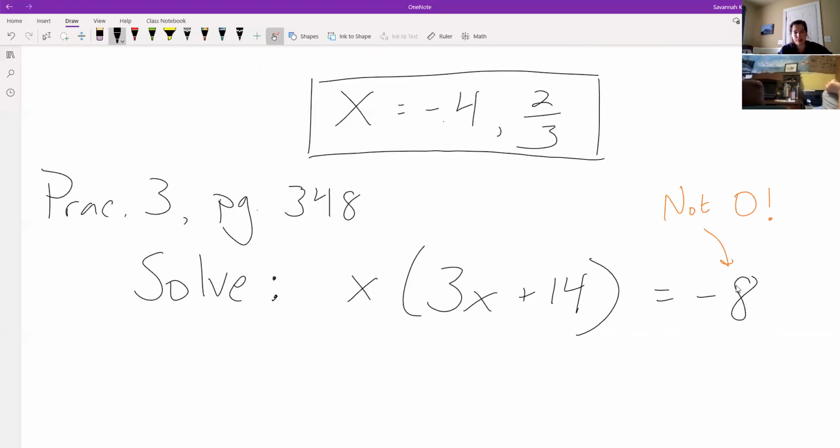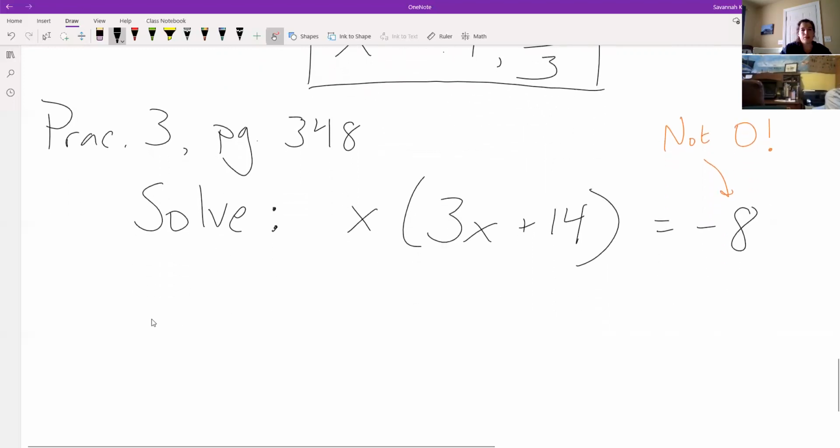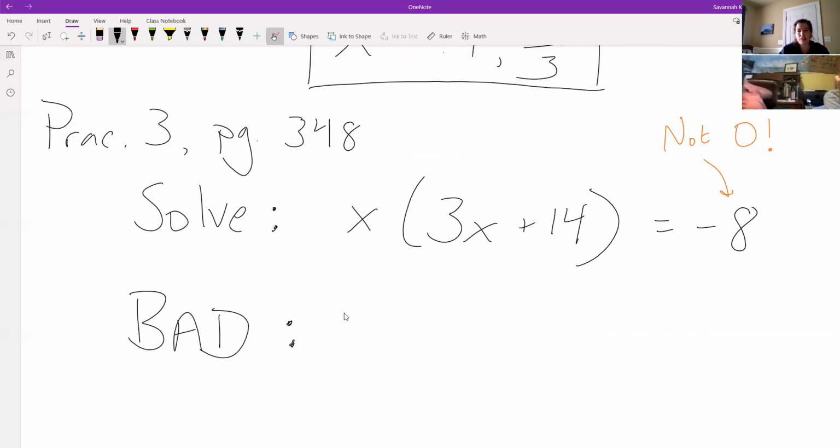We cannot, and this is where understanding the 0 product thing is important, do this. This would be bad. Let's say we just dove into this and said, well, if x times 3x plus 14 equals -8, then surely either x equals -8 or 3x plus 14 equals -8.